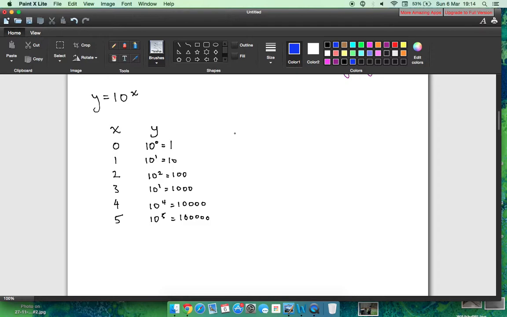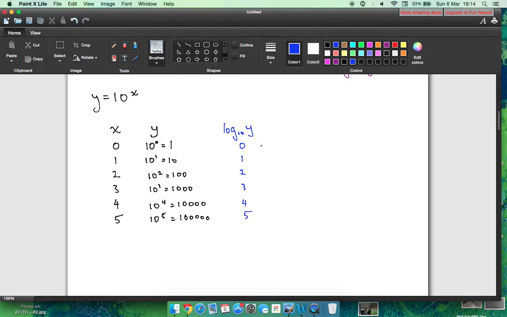Okay, so as I said before, in order to do a semi-log graph, rather than working with our initial set of y values, we're going to create an additional column and call it log 10y, which means I'm going to take a log to base 10 of each of these y values. So by doing that, I'm going to get 0, 1, 2, 3, 4, 5.